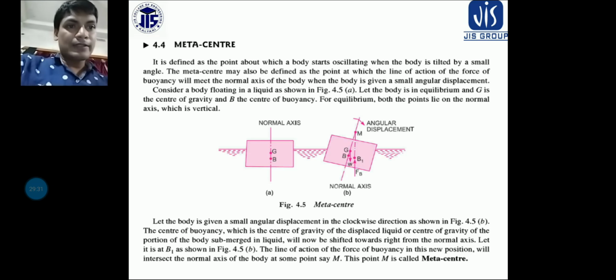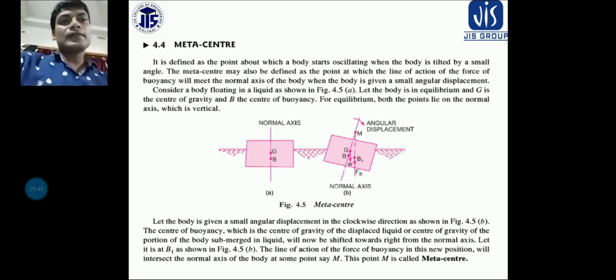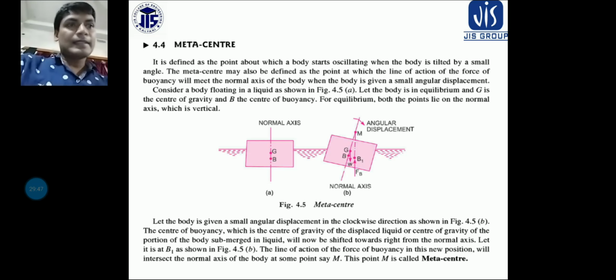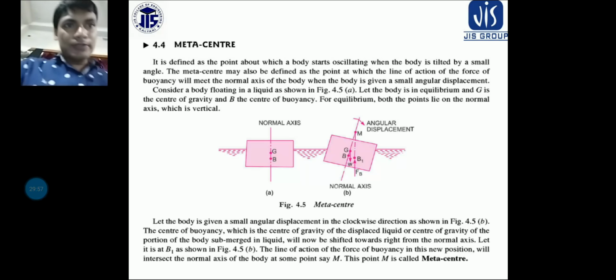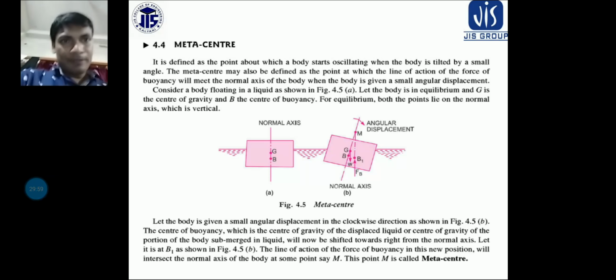From the normal axis you can see M is the metacenter, G is the center of gravity, and B is the center of buoyancy. You will see that the center of buoyancy will shift, acting with respect to the metacenter.